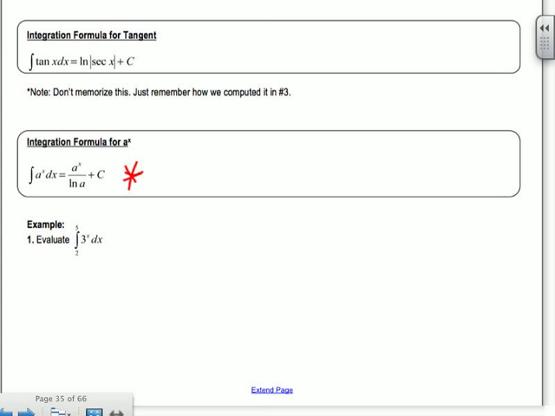It's just 3 to the x over natural log of 3, going from 2 to 5. So it's 3 to the 5th over natural log of 3 minus 3 to the 2nd.